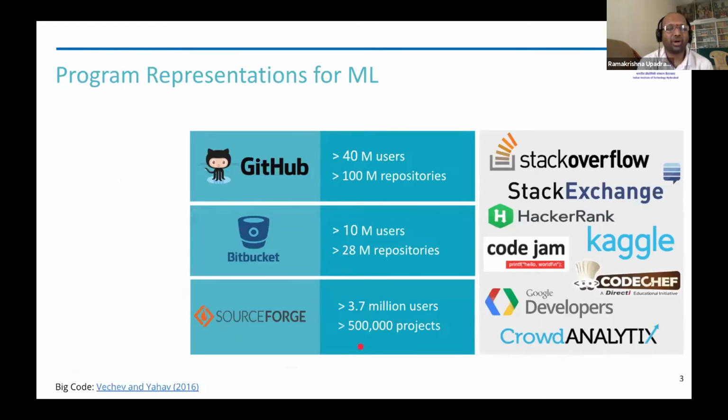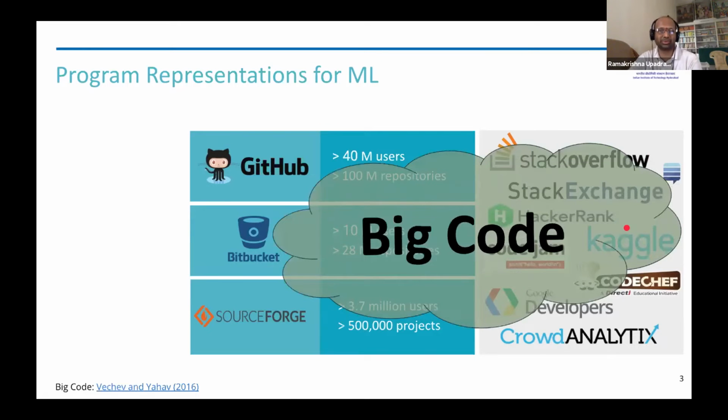You all know there are program representations. You are really living in a lot of code: GitHub, Bitbucket, SourceForge, Stack Overflow, code snippets, Stack Exchange, HackerRank, etc. All this really leads to big code. There's code everywhere.